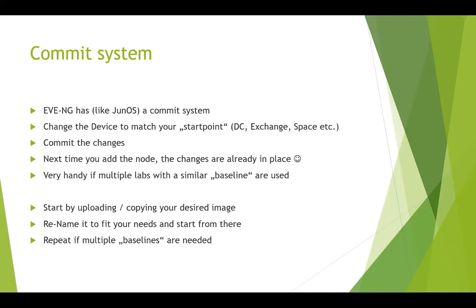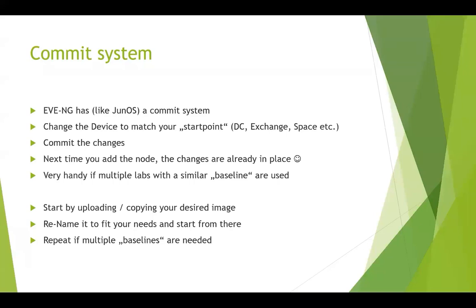What I did before with the renaming, I named it to commit test. You can use a name that fits your needs, like 21.1 baseline or whatever comes to your mind. So it makes sense to rename this image to something meaningful to you, so that you immediately know, okay, if I select this, I have certain feature set enabled, or whatever comes to your mind.